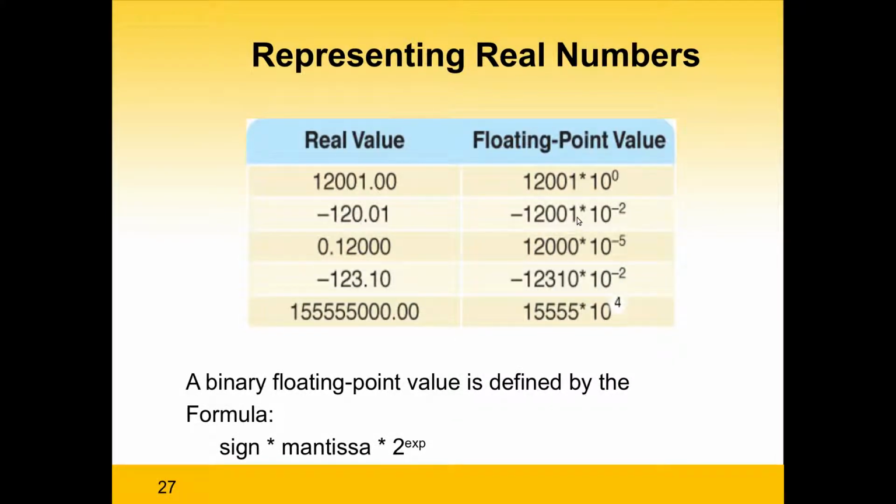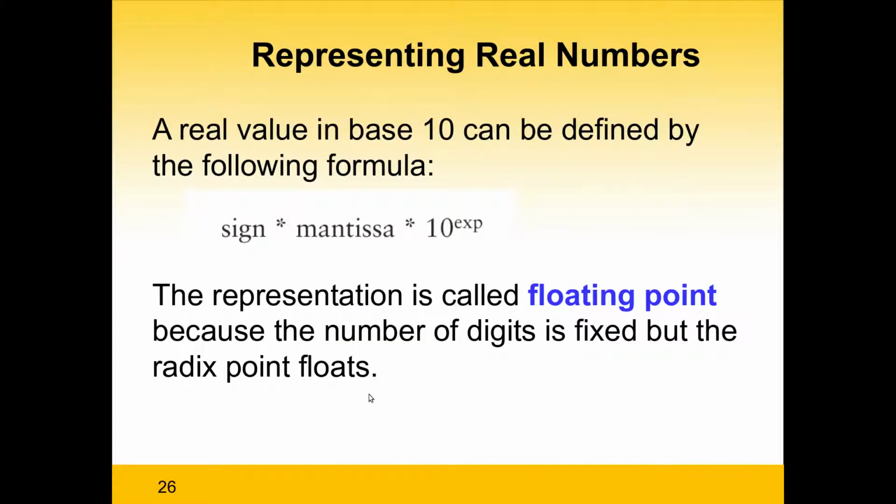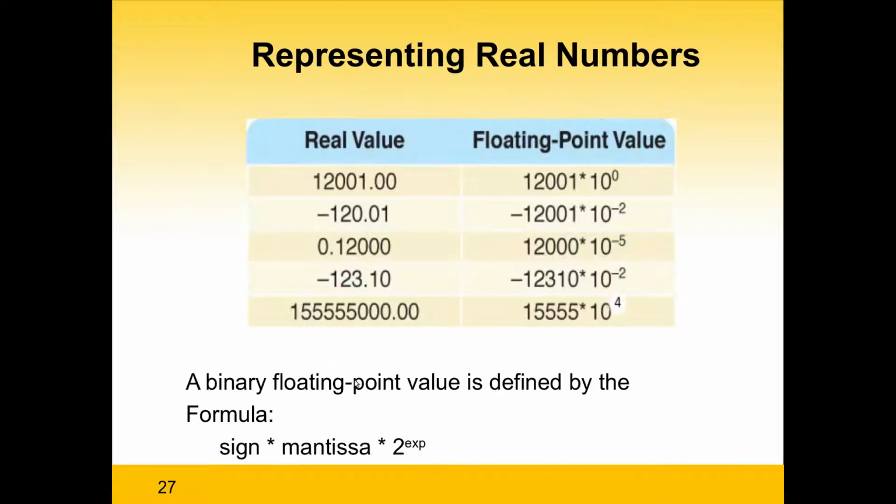Now a binary floating point value will be defined in a similar fashion. It will be the sign times the mantissa times 2 to some exponent.